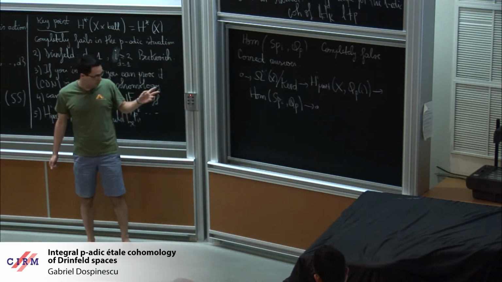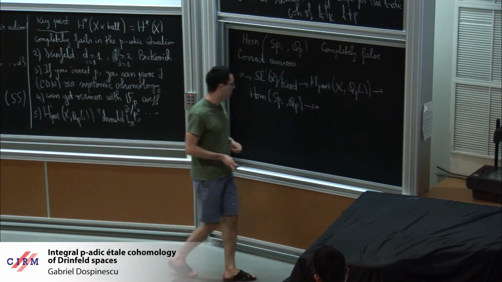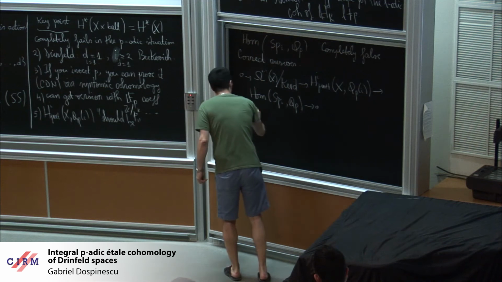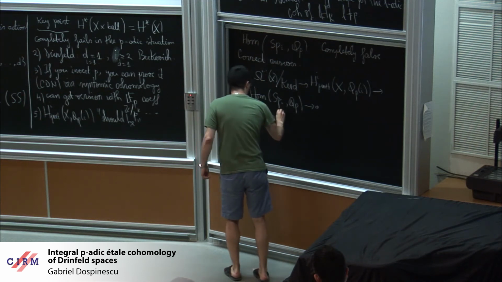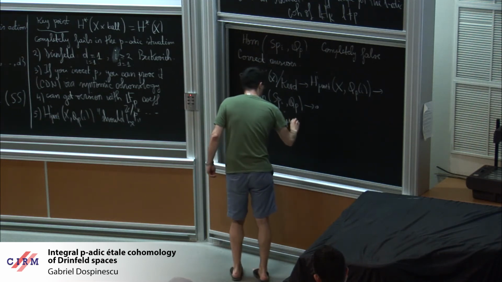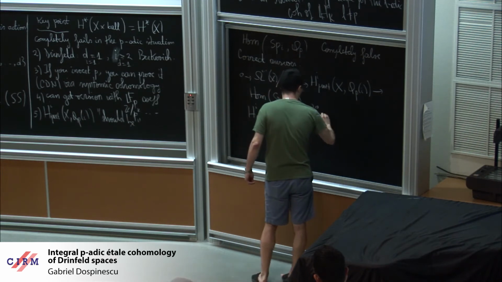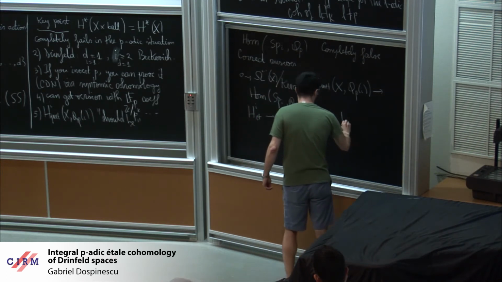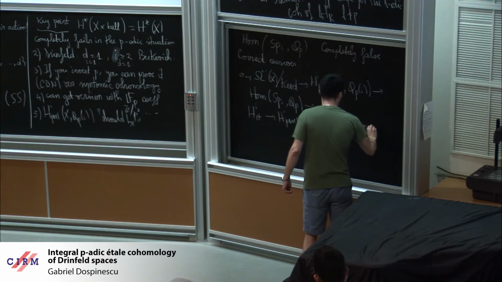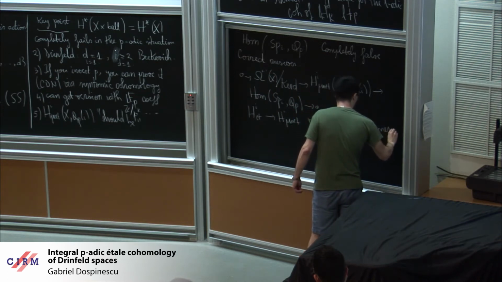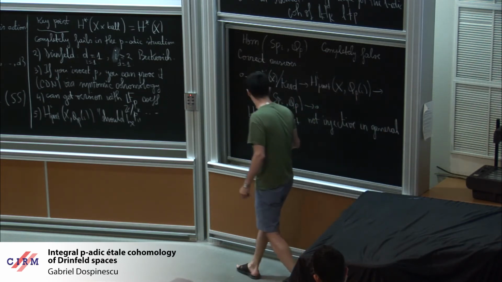And you may ask yourself, okay, what is the link between étale and pro-étale? Well, of course, you have a map from étale to pro-étale. This is not injective in general, even though it's not very easy to give a counterexample. However, in our case, it turns out that this is the case.